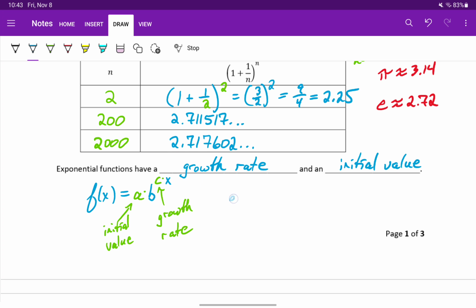If we had a base e exponential function, we could still introduce those same two constants, but change our base. Now what we have, because this is a base e exponential expression, is that growth rate is referred to as a continuous growth rate.